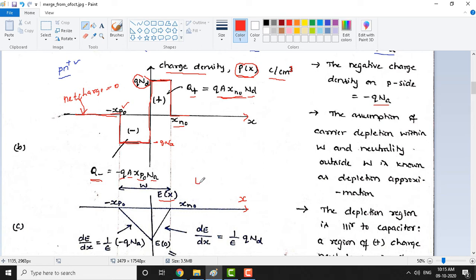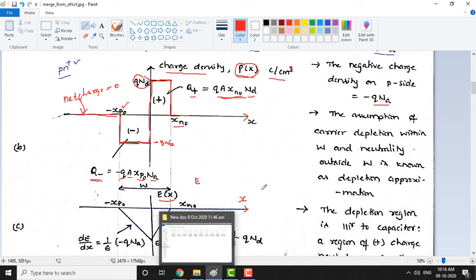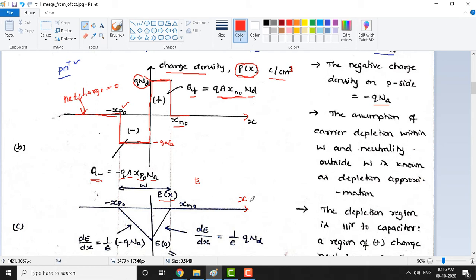We know that we denote E for electric field. E is a function of x, E versus x. If you observe this graph, it takes a reverse triangular pattern, something like this.